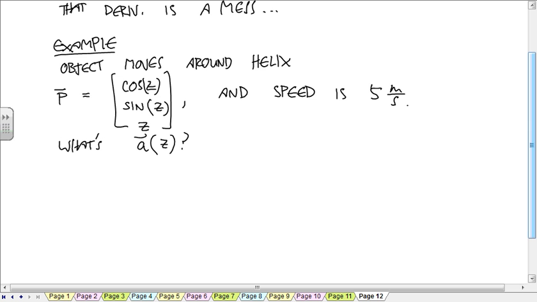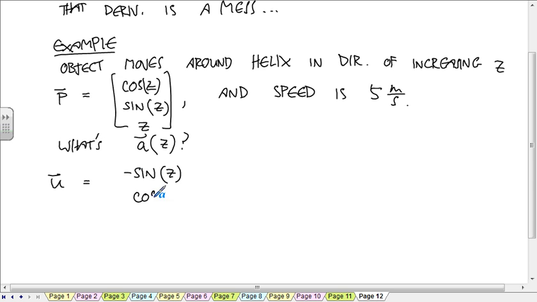So we need the, okay, and let's say it's in the direction of increasing z. Sorry. Okay, so the vector in that direction is negative sine of z, cosine of z, 1.